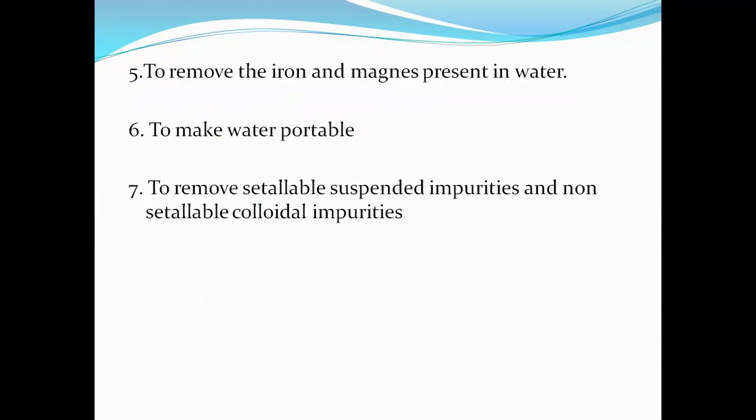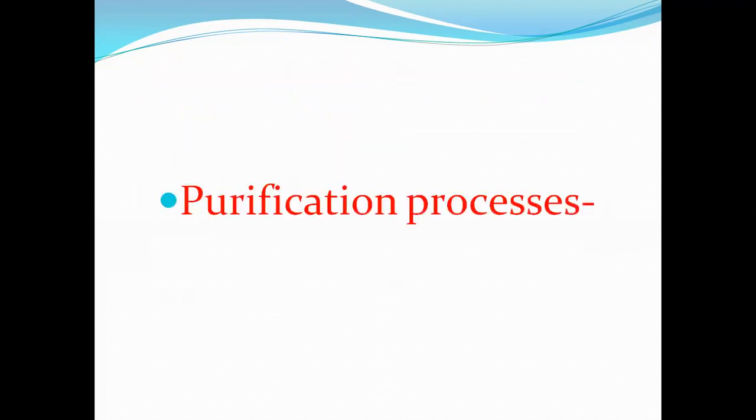Fifth is to remove the iron and manganese present in water. Sixth is to make water potable. And last, the seventh object, is to remove settleable suspended impurities and non-settleable colloidal impurities. These seven are the objects of purification of water.